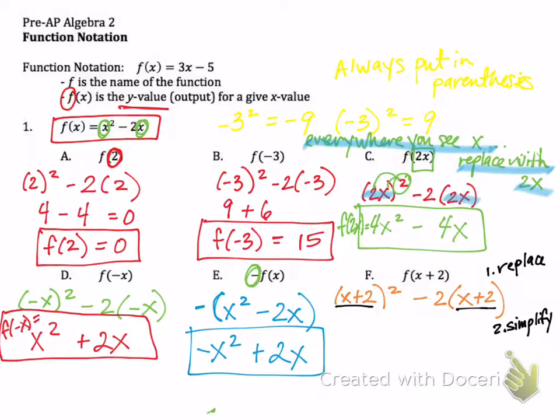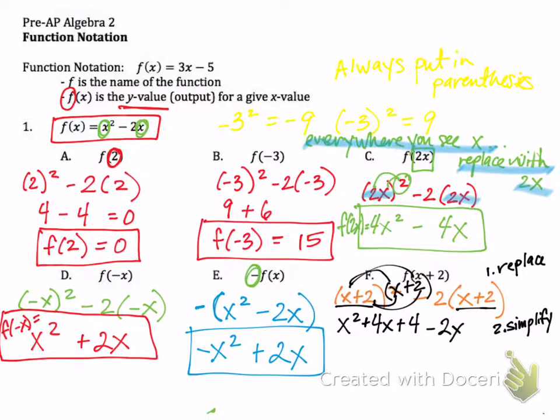So what do I need to do to the left? I need to distribute it, or I need to FOIL it. So I get x squared plus 4x plus 4. So it would be like (x plus 2)(x plus 2), and you FOIL.